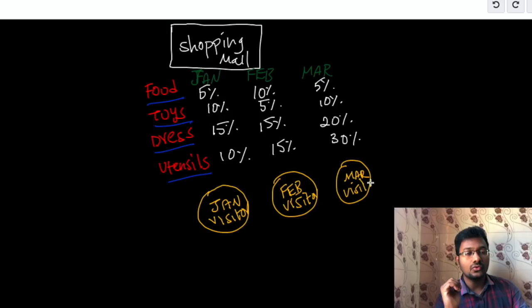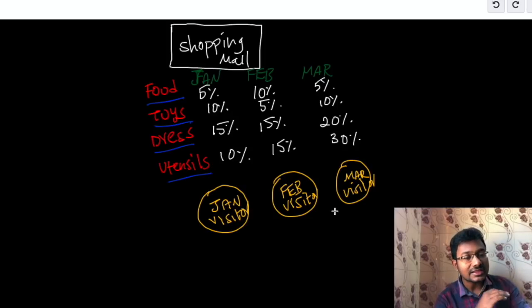For each month the tax is getting varied. Based on the element, for example, food, toys, dress, utensils, the tax percentage for food in Jan month is 5%. That would be handled by the visitors.